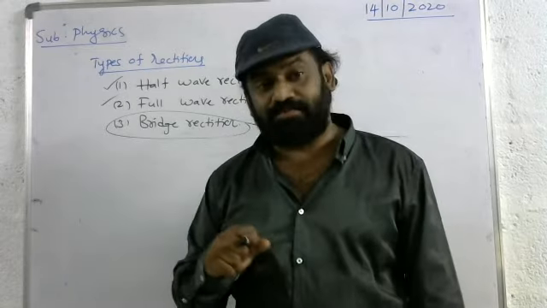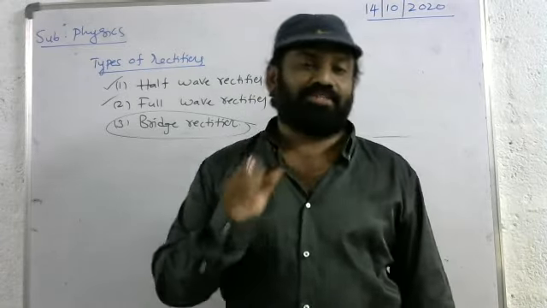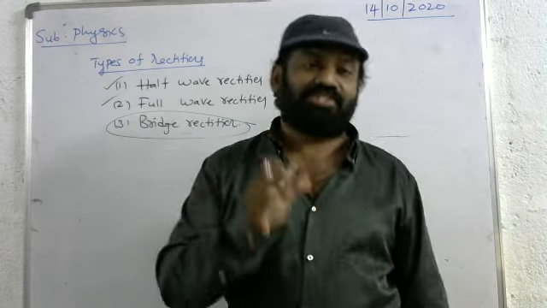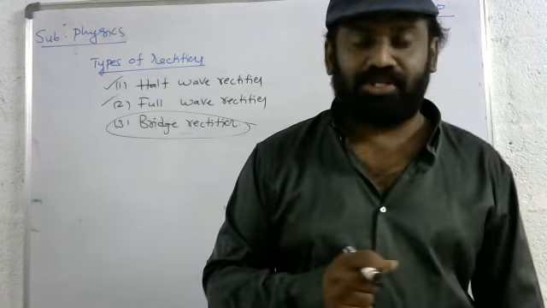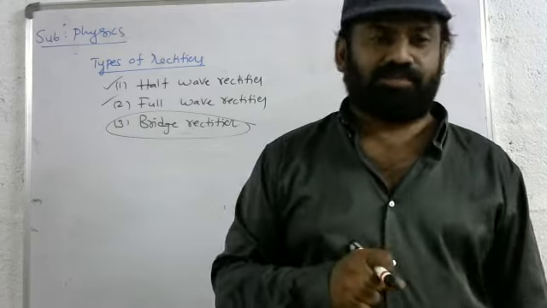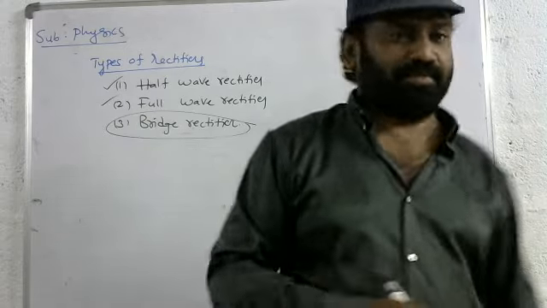Now let us see what a half wave rectifier is and what its efficiency is. This carries 4 marks in our IP examination, which is a very important question. Without this question, I never see the question paper.